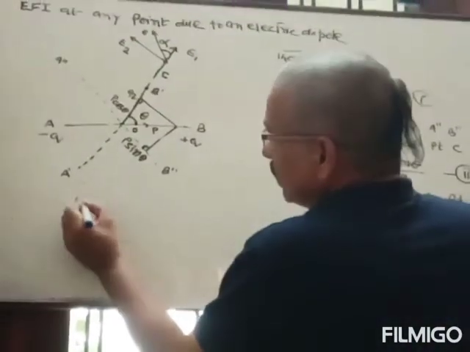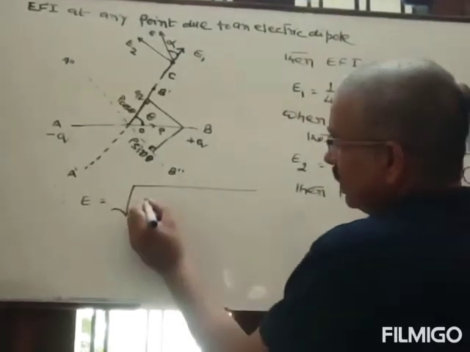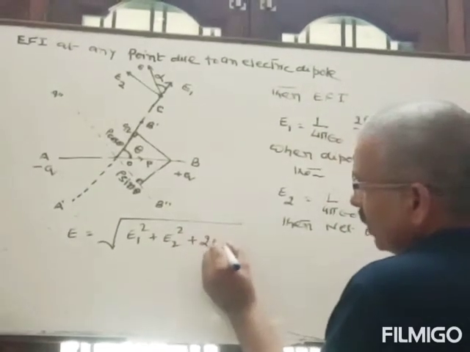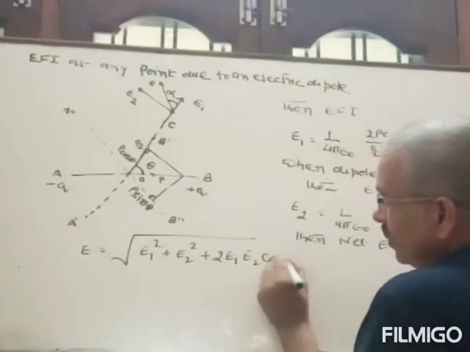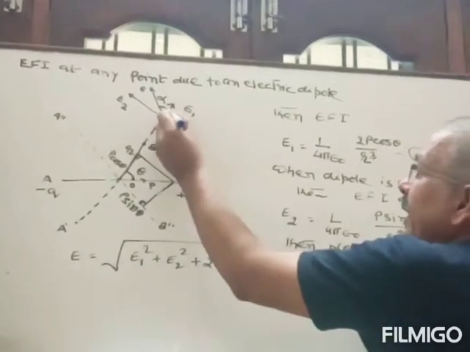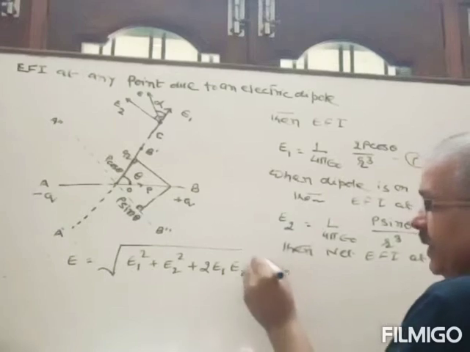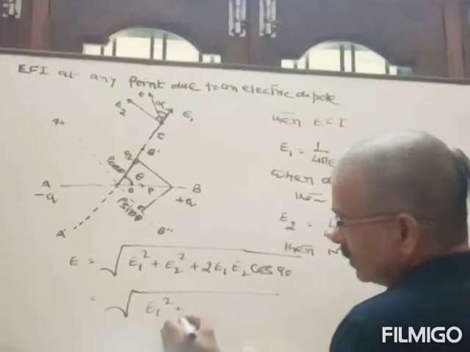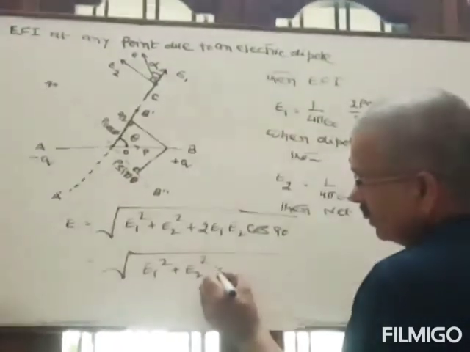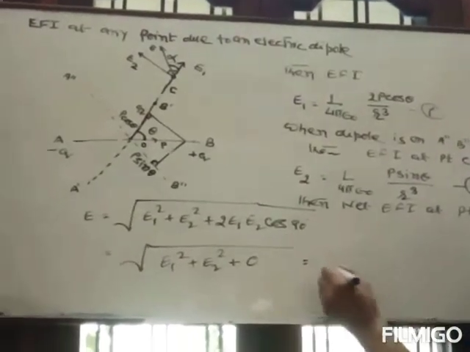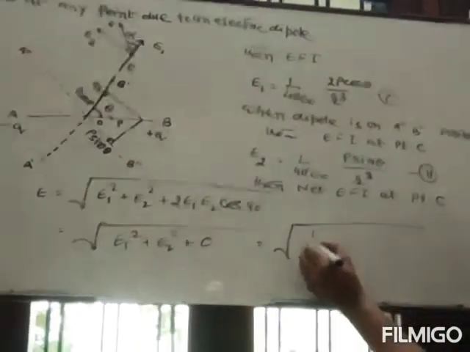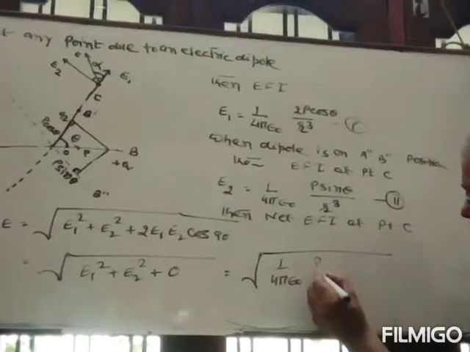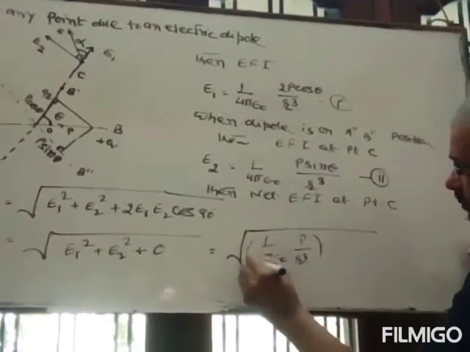Then E is equal to under root E1 square plus E2 square plus twice E1 E2 cos of the angle between E1 and E2, and the angle between E1 and E2 is 90 degrees, so it becomes E1 square plus E2 square plus 0. It is 1 upon 4 pi epsilon 0, P by R cube taken as common.